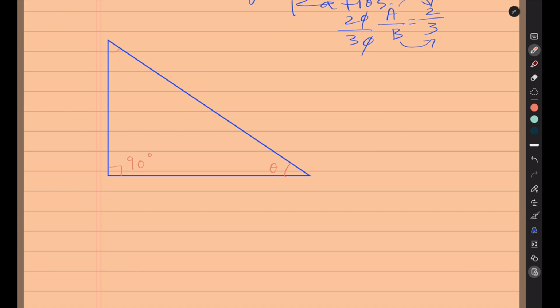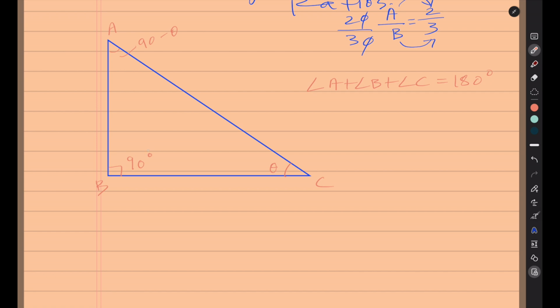And can you guess what angle will be this angle? This angle will obviously be 90 minus theta, because the sum of all angles of a triangle is how much? 180 degree.